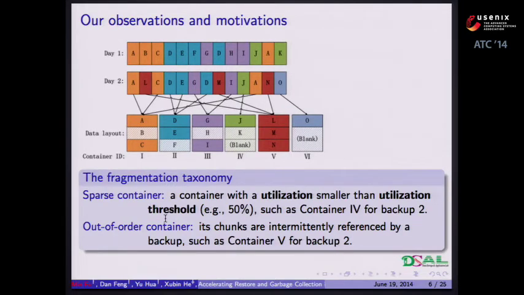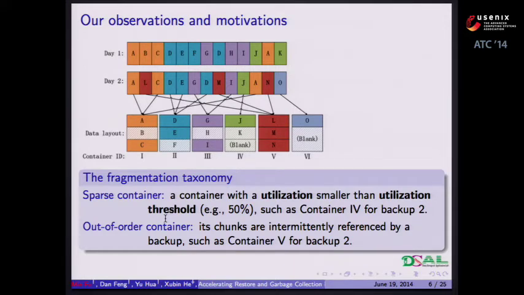We observe that the fragmentation comes in two classifications: sparse containers and out-of-order containers. A sparse container has utilization smaller than the utilization threshold. For example, container 4 has only 1 chunk referenced by the second backup, so its utilization is 1/3.